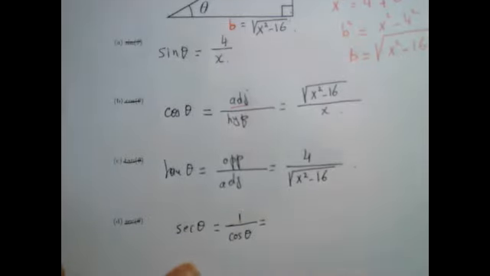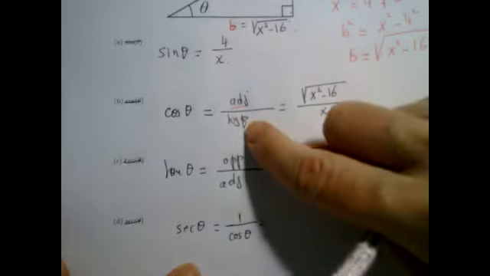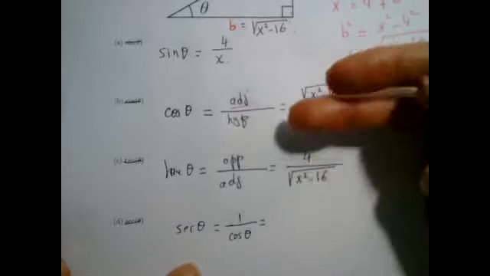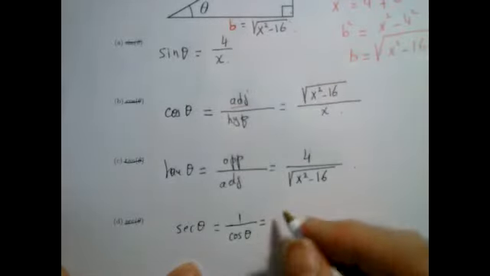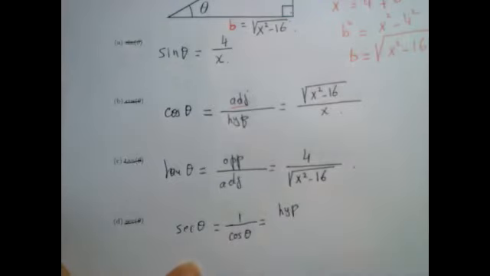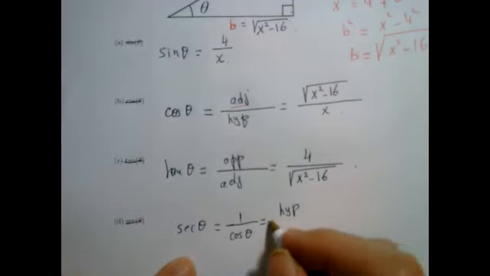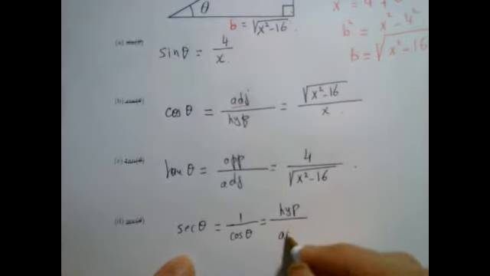So if the cosine is adjacent over hypotenuse, you're flipping the cosine, so it is the hypotenuse over the adjacent.